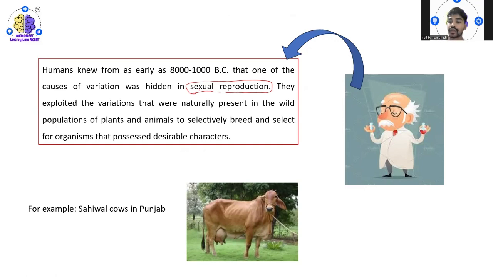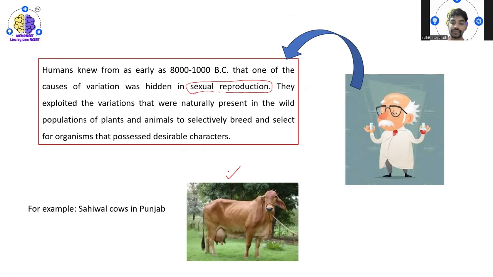For example, through artificial selection and domestication from the ancestral wild cow came the well-known Indian breed, the Sahiwal cow of Punjab. Even before artificial insemination or cross breeding was introduced scientifically, our ancestors knew this and followed it, and this is one example.